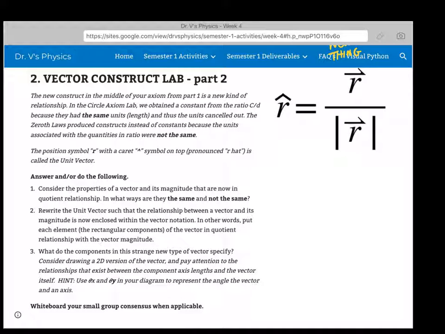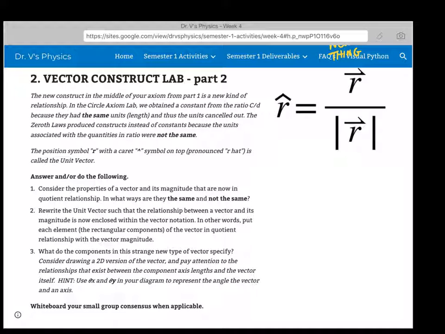So R hat would be Rx per the magnitude of R, Ry per the magnitude of R, and Rz per the magnitude of R. Be very careful that you recognize that the numerators in those fractions are magnitudes.